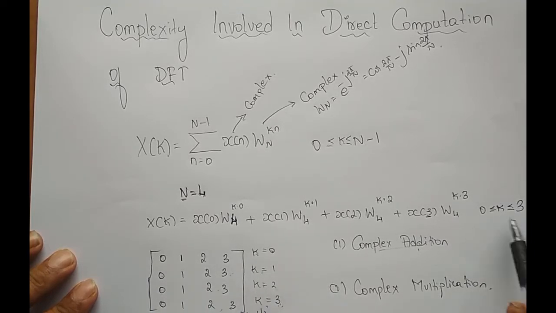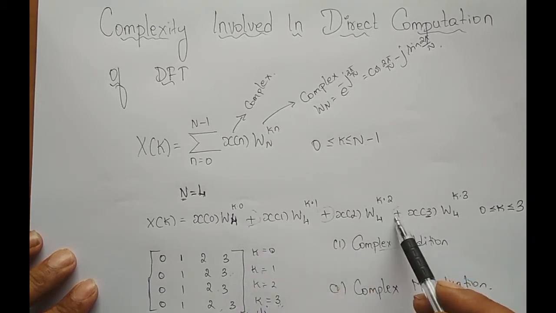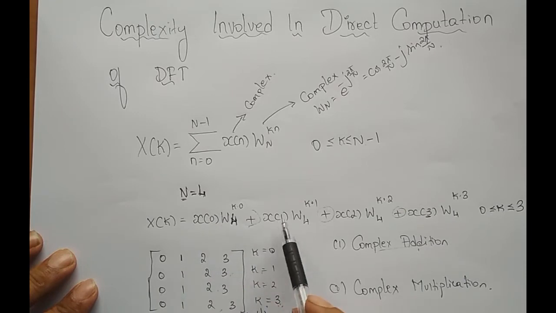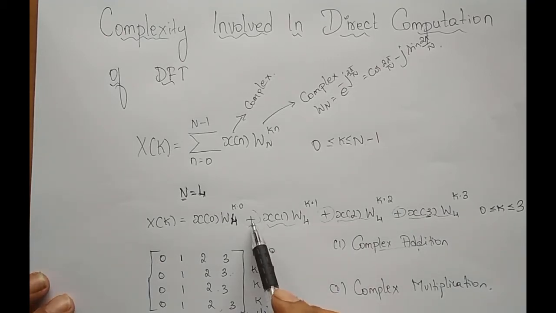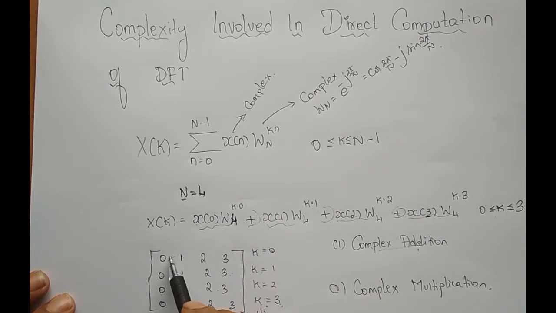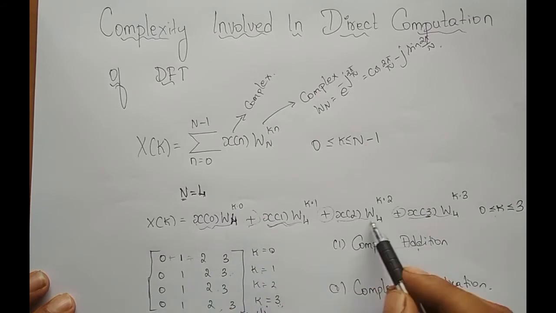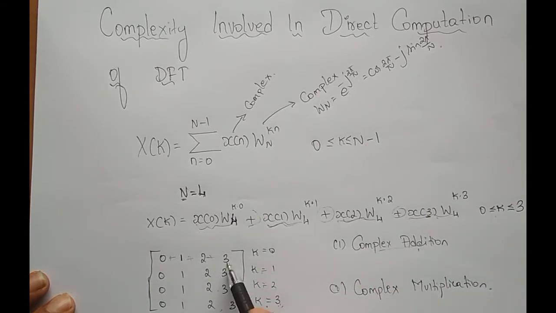So for any one value of k, how many additions are required? When I say addition, it's a complex addition, because this is a complex number and this is complex, so I'm adding complex numbers. So for one value of k, this value is added with this value, added with this value, added with this value.